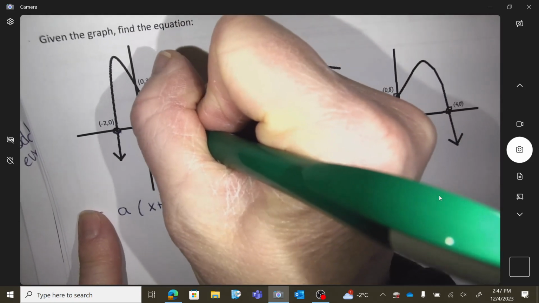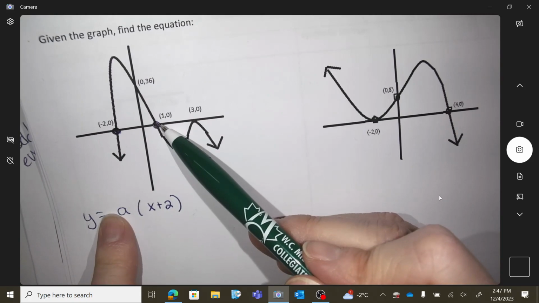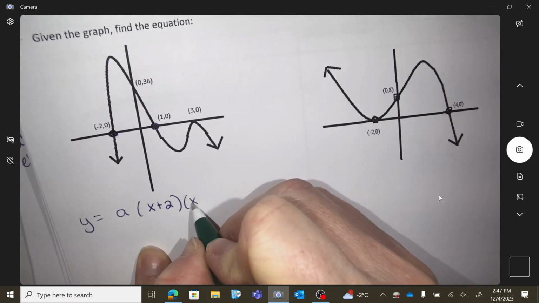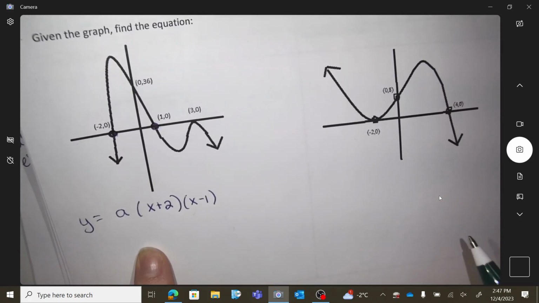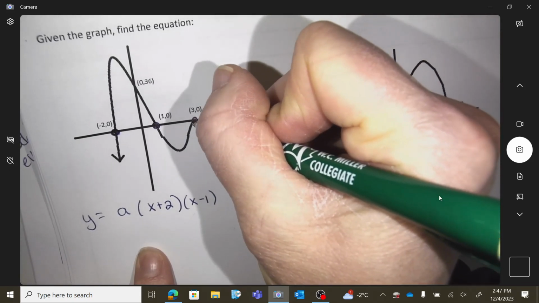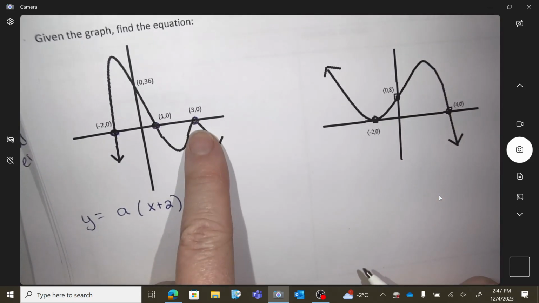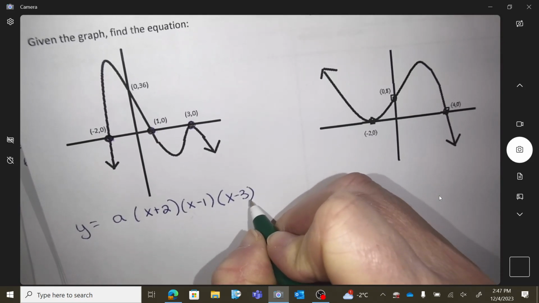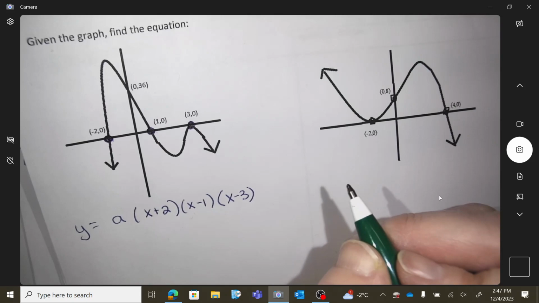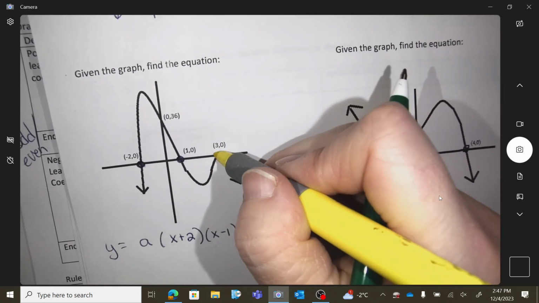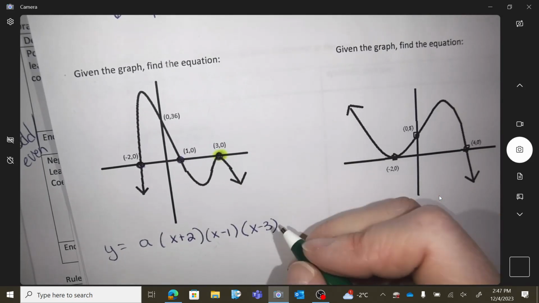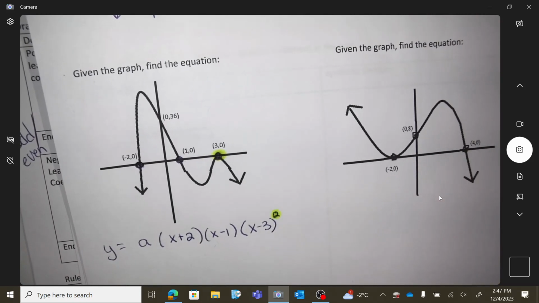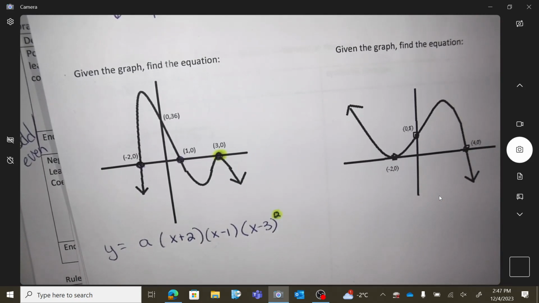If it has an x-intercept at 1, the factor is x minus 1. And if it has an intercept at 3, the factor is x minus 3. But what did it do? What happened here? It bounced. So you need to put a square there.